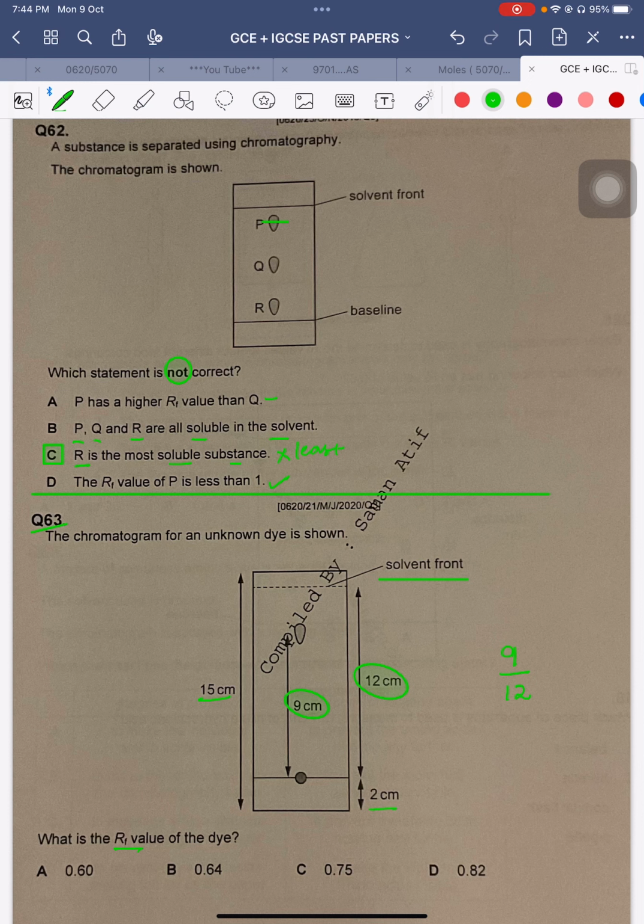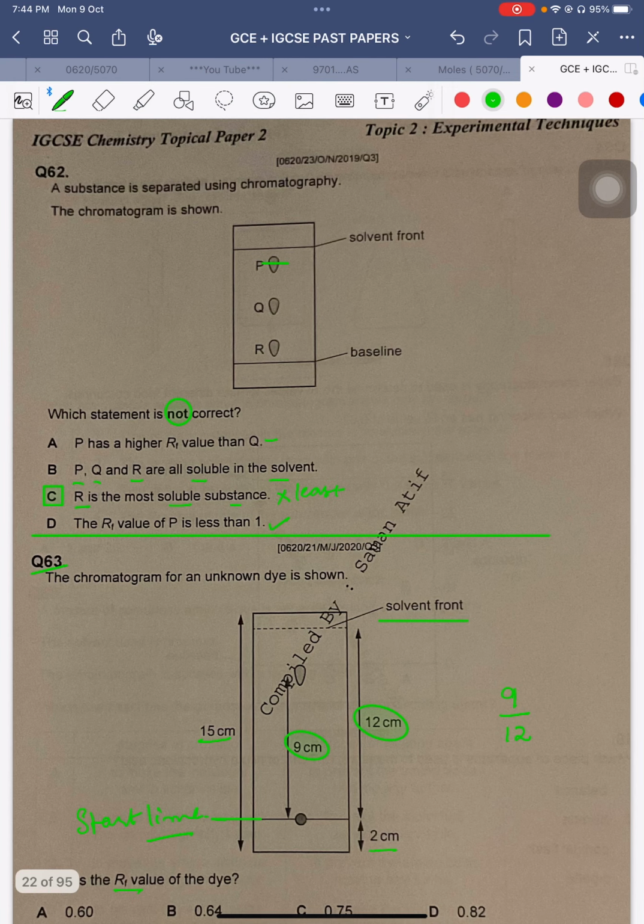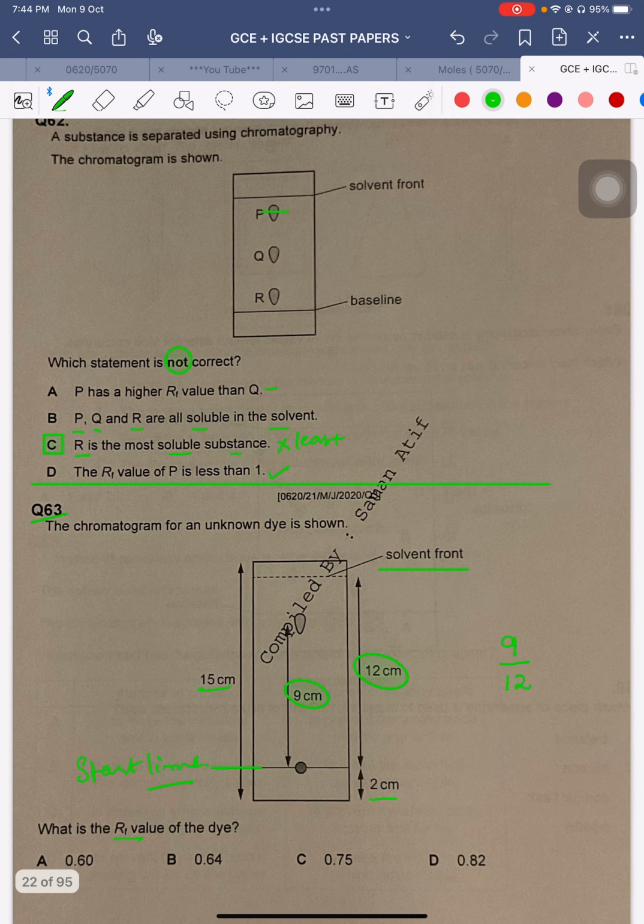We just have to look at the line, the start line. Let me tell it to you very clearly: this is called the start line. So we have to look at the distances of both the solvent and the spot from the start line. So this will be 9 divided by 12. You may divide it and get the answer: 9 centimeters divided by 12 centimeters. There will be no unit.